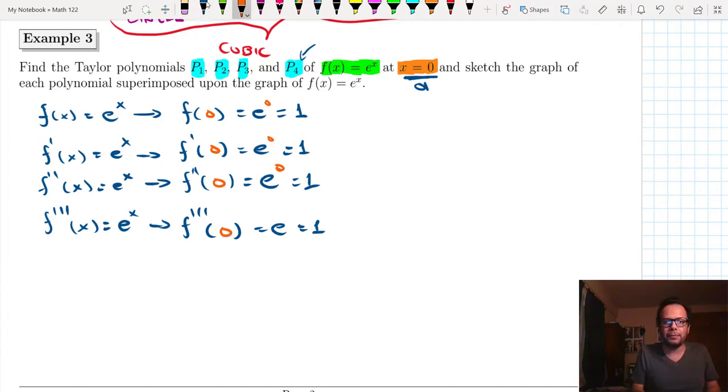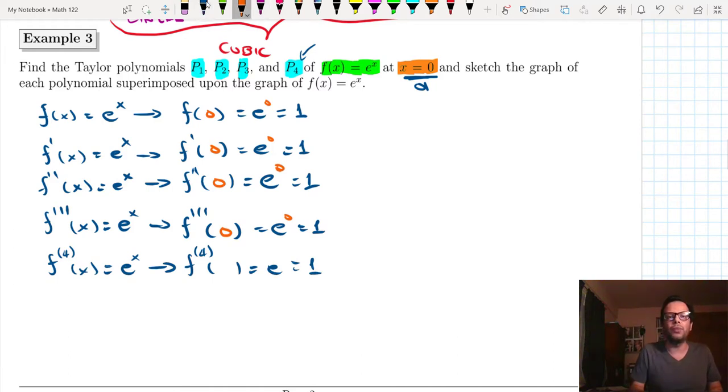Okay. And let's do one more. I know we're getting the same answer, but it is the notation that we need to show in this case. Okay, so this means evaluate the 4th derivative at x equals 0. We get the same result, 1.